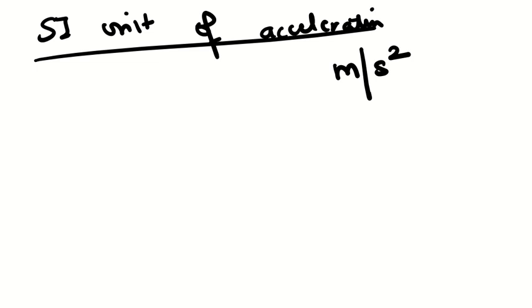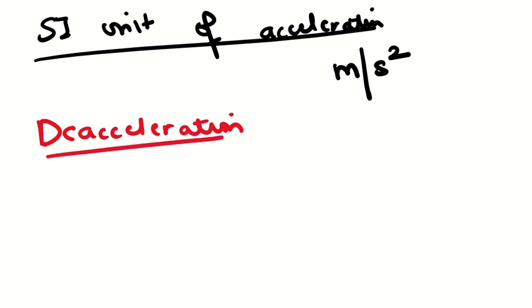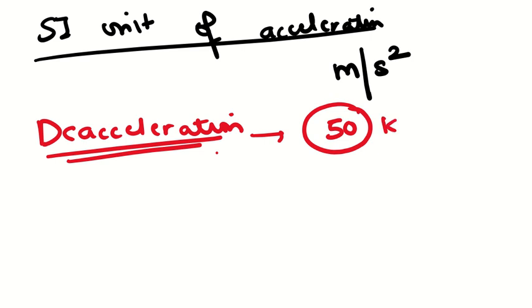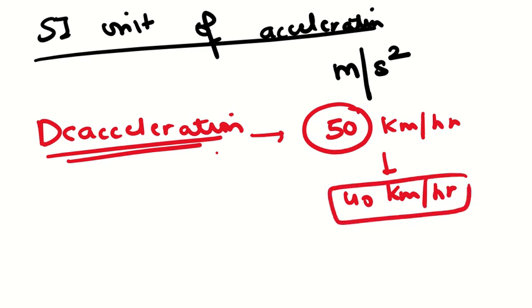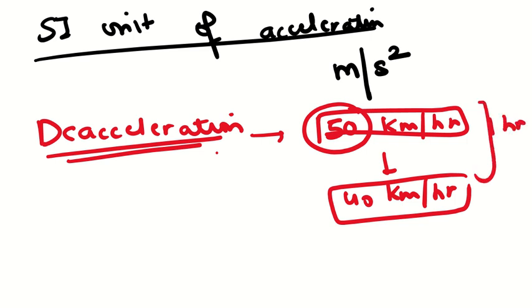Now let me talk about a term called deceleration. What does deceleration mean? Suppose, for example, the car goes from a velocity of 50 kilometer per hour to a velocity of 40 kilometer per hour in a time period of, let us say, 1 hour.